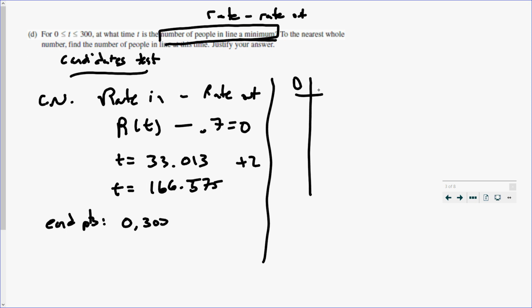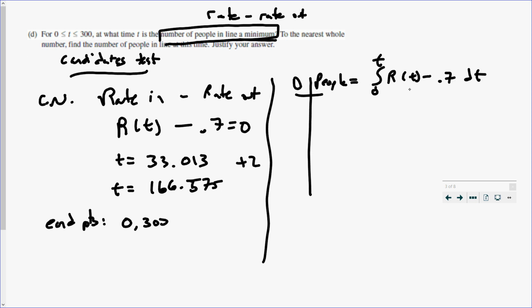We need the number of people. Now be careful. Remember, the number of people is the following integral. We have to integrate from 0 to t, the rate in, R of t, minus 0.7 dt.